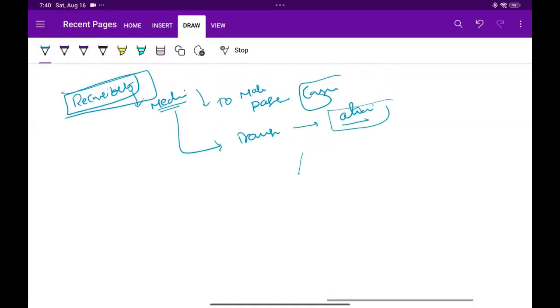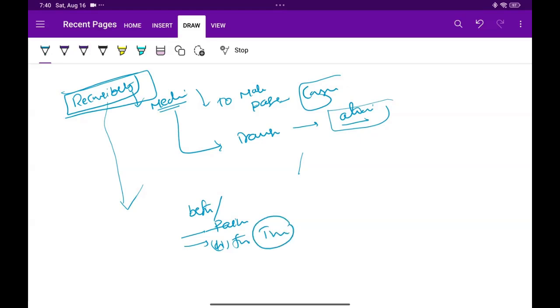Then how can it do this, making atomicity and pages consistent? It uses logging. The recovery mechanism, during the transaction time, captures some data, that is nothing but log data. Before failure, for each transaction, for each operation, log records are maintained.